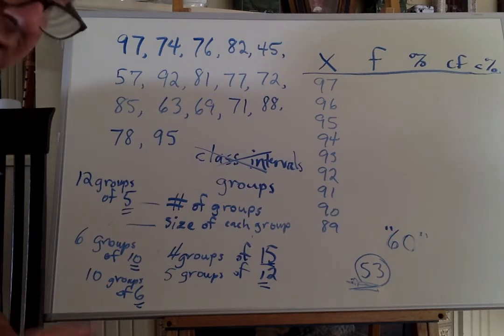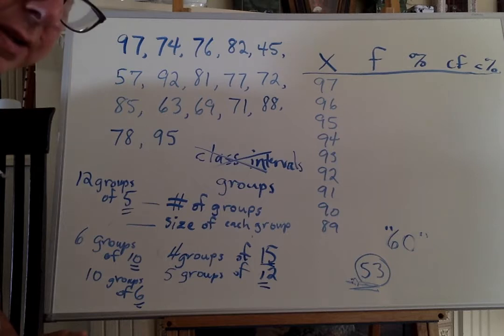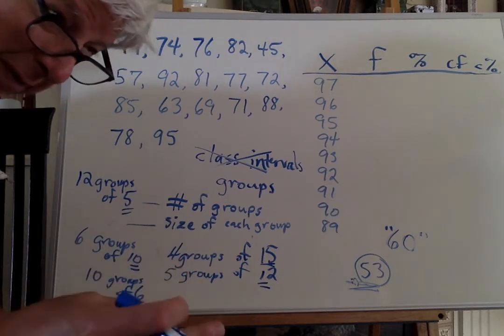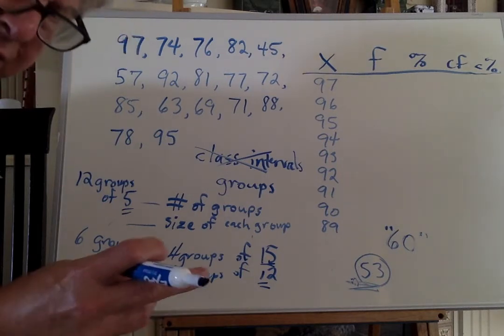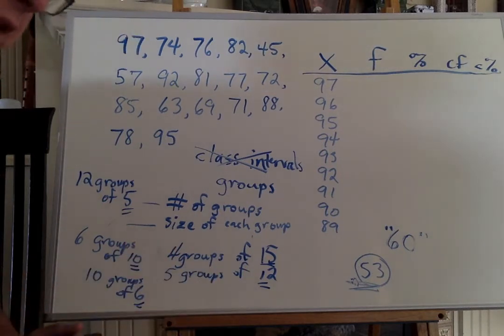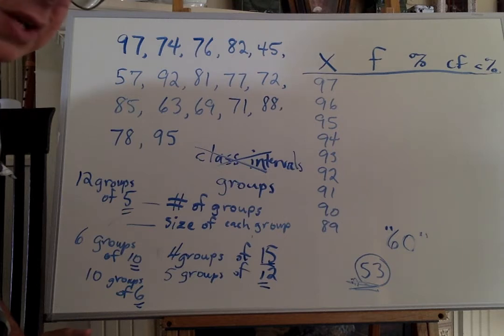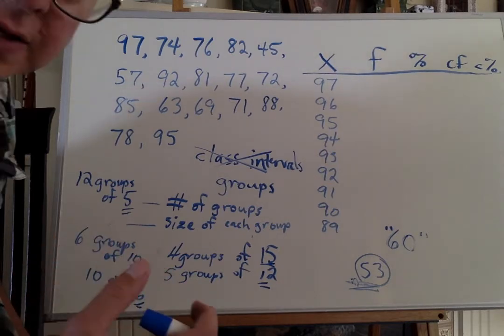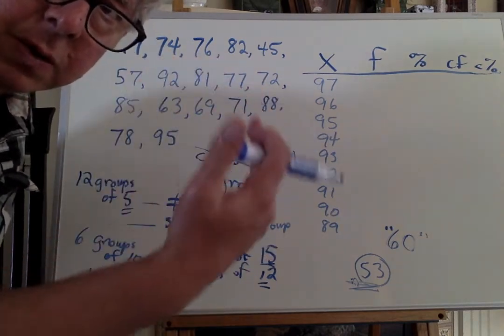So numbers like 5, numbers like 10, numbers like 20, numbers like 2, 4, 6, 8, right? It's easier than odd numbers. Numbers like 18, numbers like 7, numbers like 13, numbers like 54, numbers like 127. Those are not so nice to think about in groups, okay?